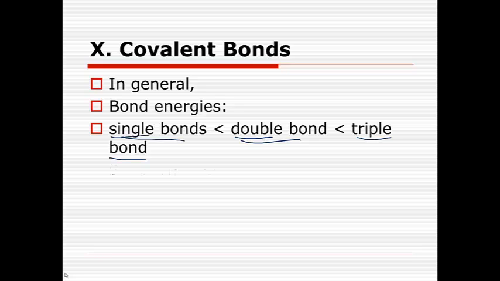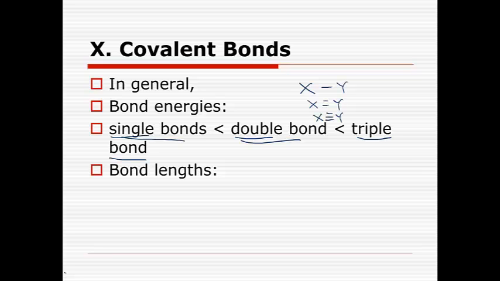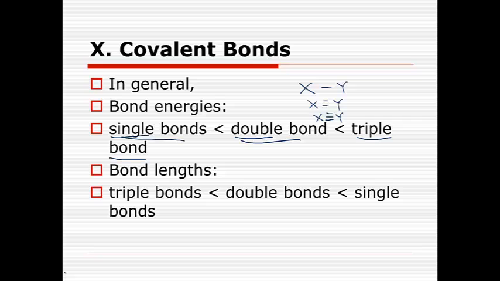Now, the bond lengths between X and Y in a single, double, or triple bond: because of the strength of the triple bond, it holds the atoms closer together, so these will be the shortest. Single bonds will be the longest, for bonds between the same two types of atoms.